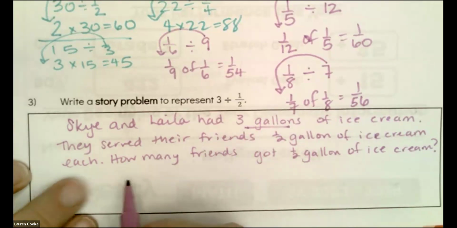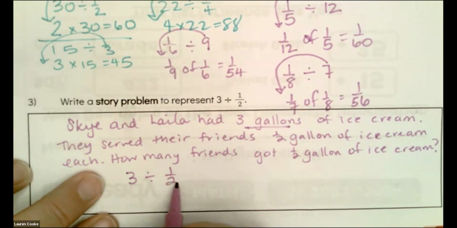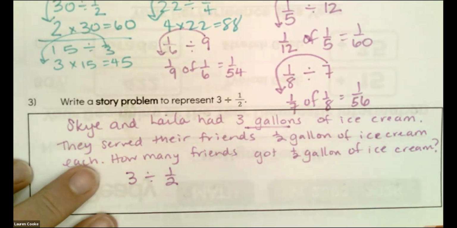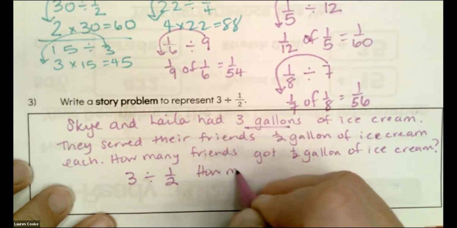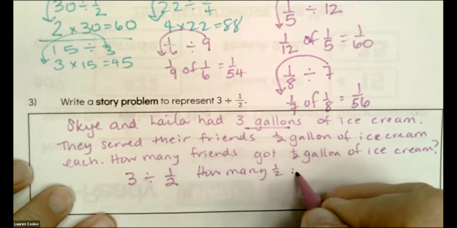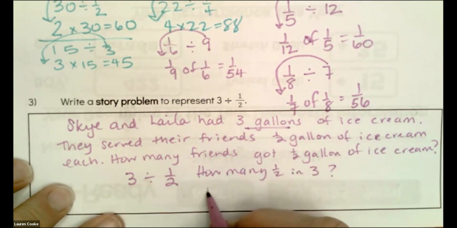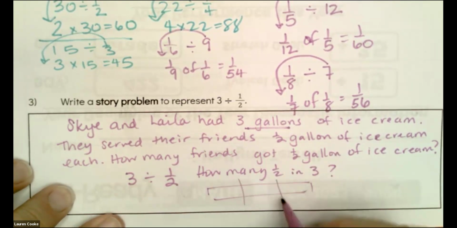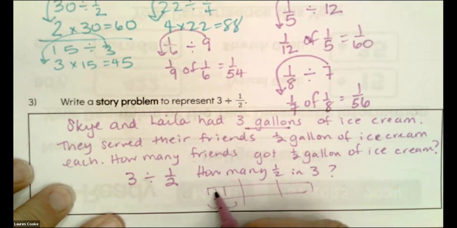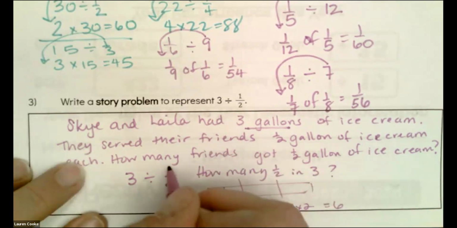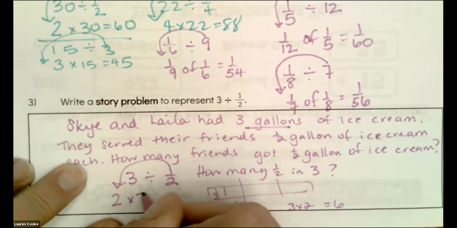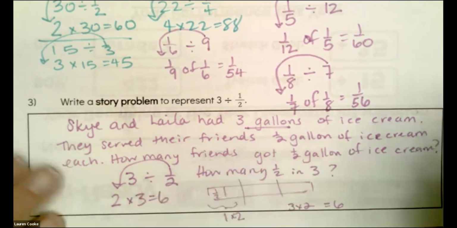Who thinks they could eat a 1/2 gallon? I can actually eat multiple gallons. But anyways, all right. So I have 3 and I'm dividing it up by 1/2. I want to know how many 1/2 in 3. And I can draw it, obviously. This is 1 and this is 1/2. And then there's 2 of it here. So if I have 3 times 2, it's going to be 6 friends, because 2 times 3 is 6.